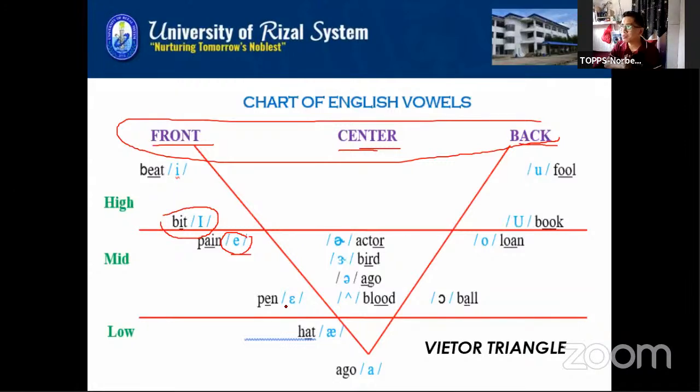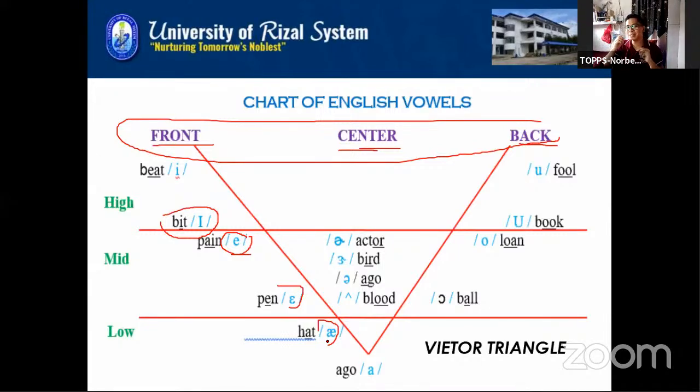And this one is my favorite sound. This actually makes the more American sound. This one is like a combination of a and e. Eh. This is what makes the American sound more distinct.